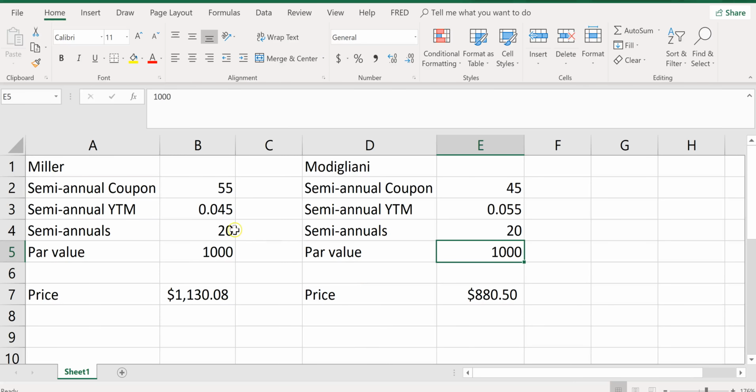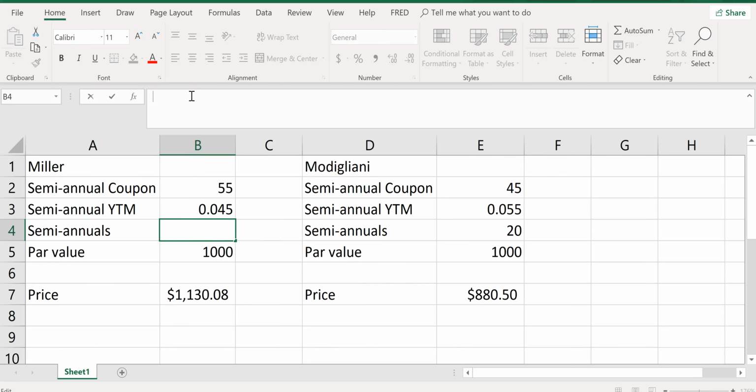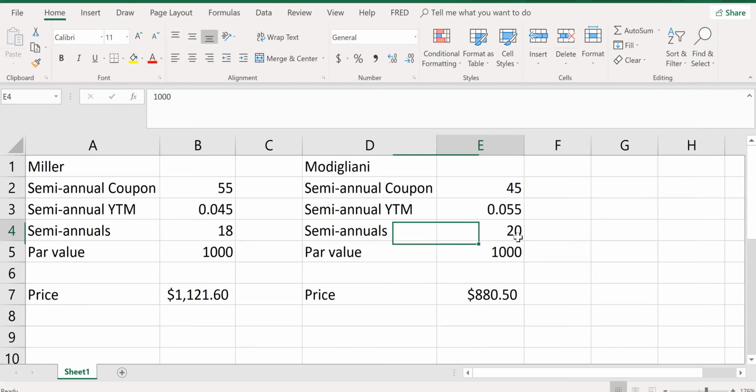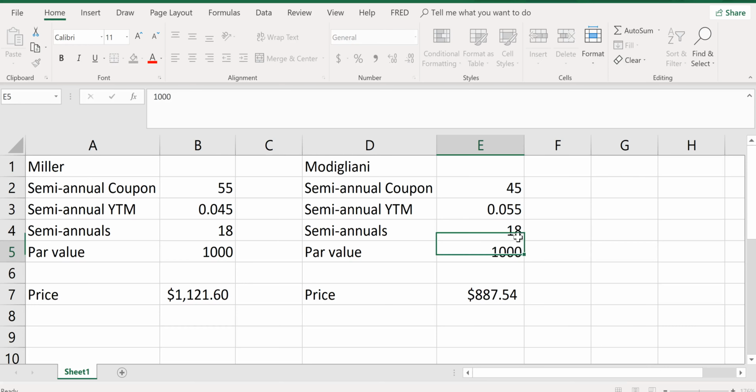And 2 years from now, we just need to change this to be 18, because 2 years from now, the remaining maturity will be 9 years for Miller Corporation. So that makes the number of semi-annual periods 18, and same for Modigliani.